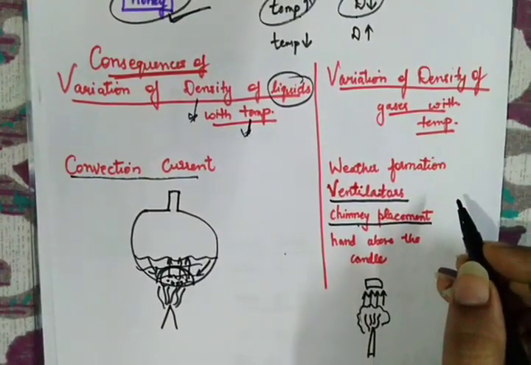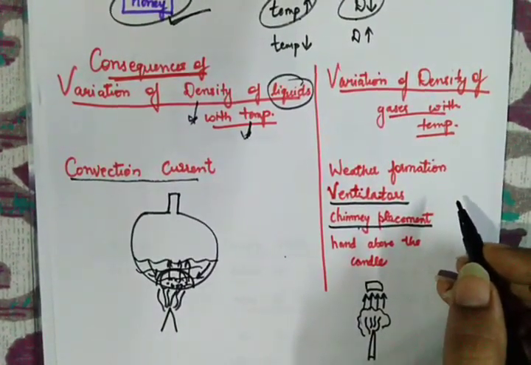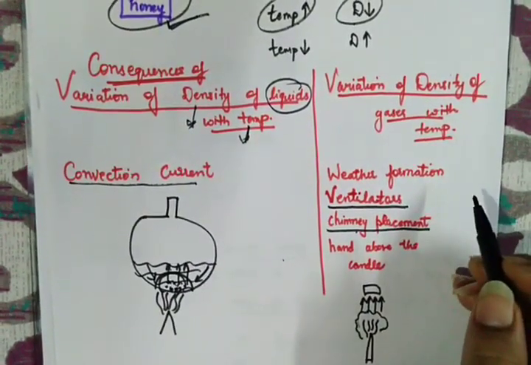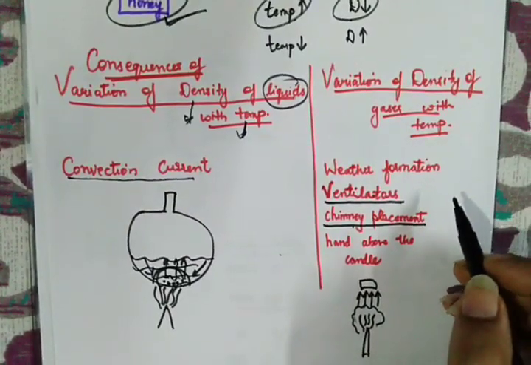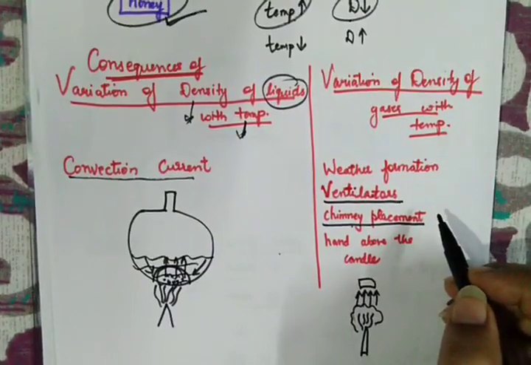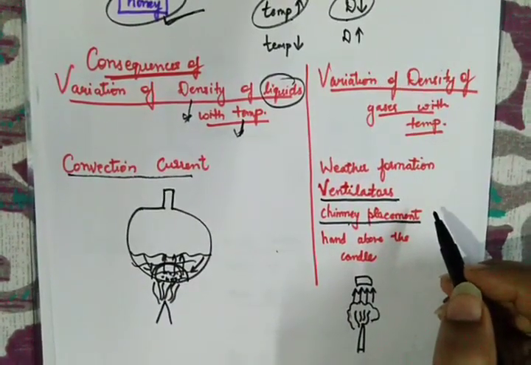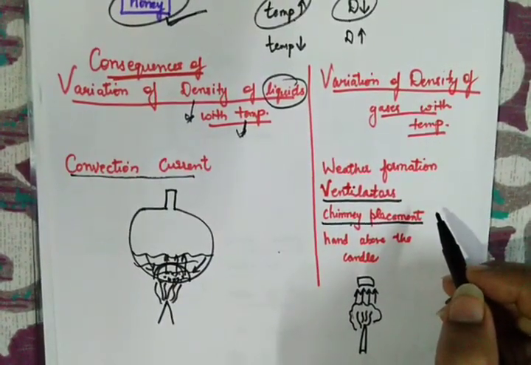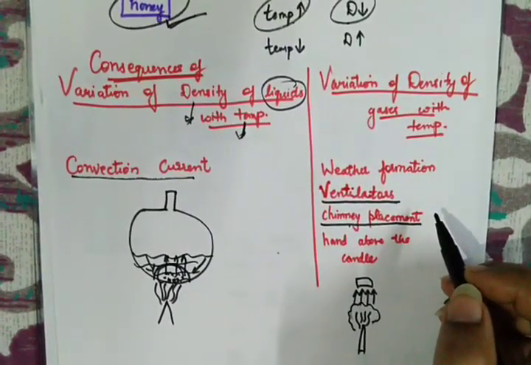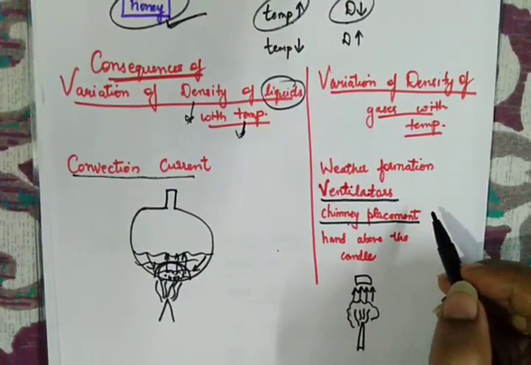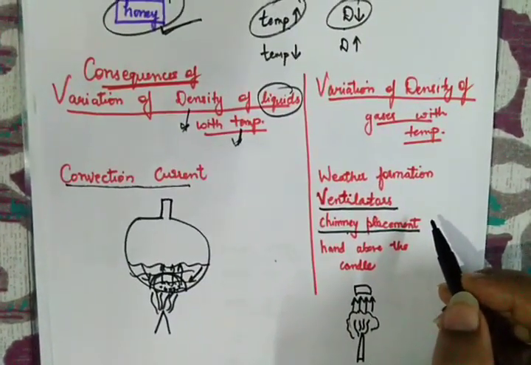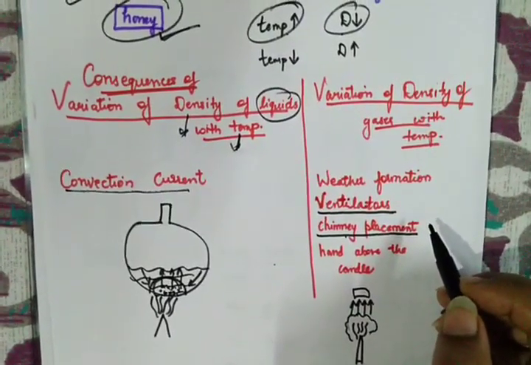Those are not like your normal windows that you have to open standing on a stool or something. Those are the ventilators and they're always open so that whatever warm air is in the room can leave through those ventilators. Because when we exhale, that air is warm and warm air rises up, and through those ventilators that warm air can actually leave the room and your rooms can stay well ventilated.